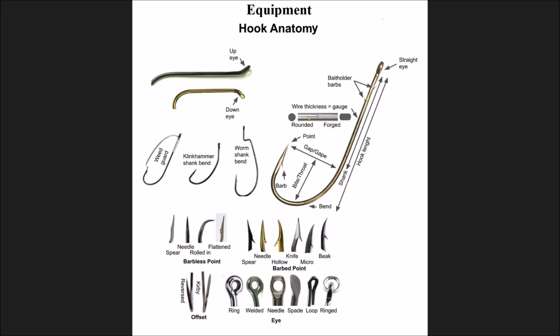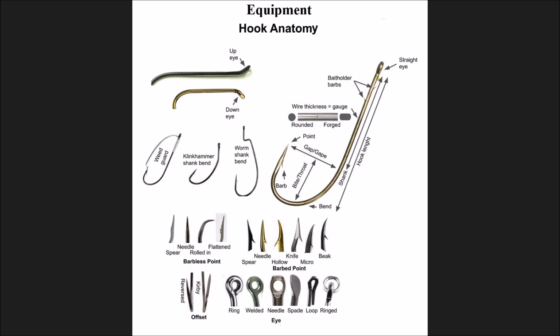There is rounded, which is round, and forged, which is semi-flattened. Some hooks will have bait holder barbs. These do not count as a barb. So if you're on a water and they say barbless hooks only, these do not count as part of the barbing. They're talking about this down here.